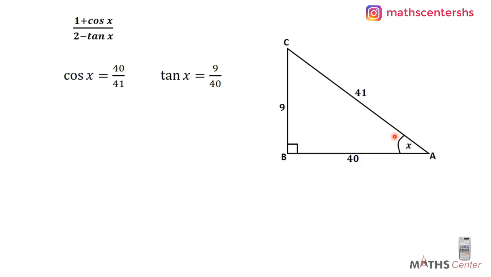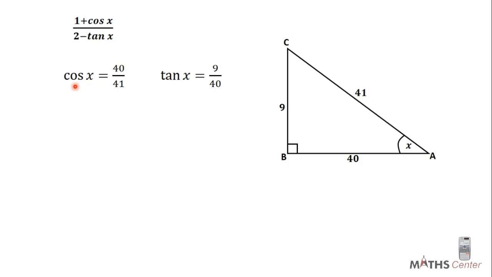From this diagram, we can say that cos x is adjacent, which is 40, divided by hypotenuse, which is 41. Tan x is opposite 9 divided by adjacent, which is 40. So we have tan x is equal to 9 divided by 40.